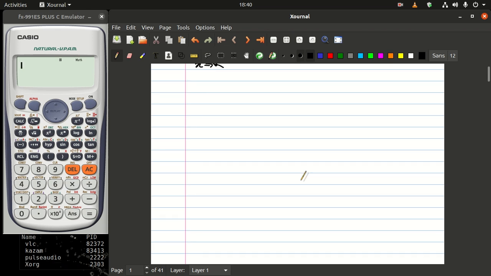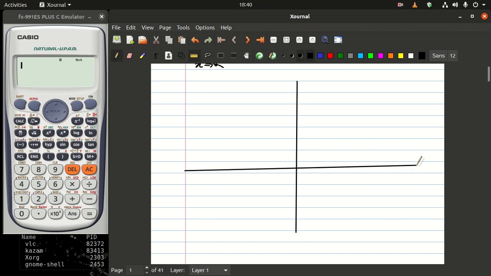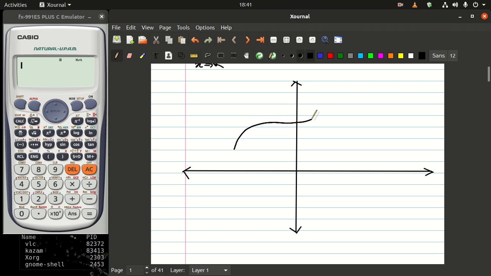Let's try and give an illustration of what I actually mean by this. Let's draw the function here, f of x. Suppose I have a nice function which goes like this, then starts coming down and goes all the way, and this function is our f of x.